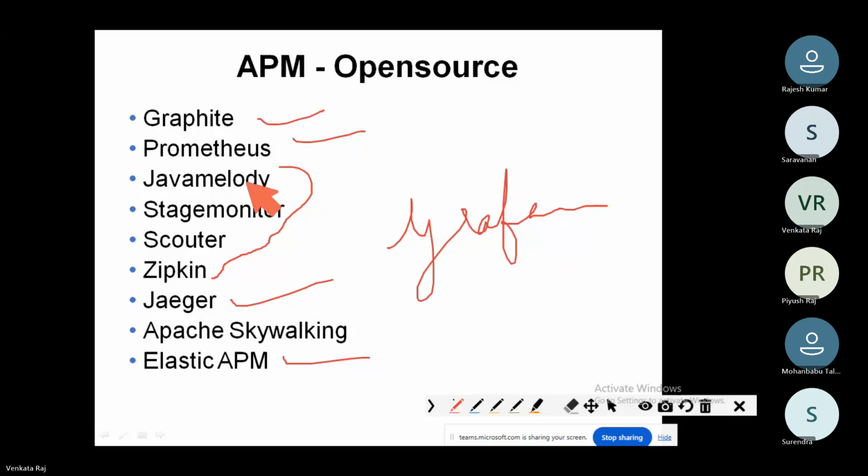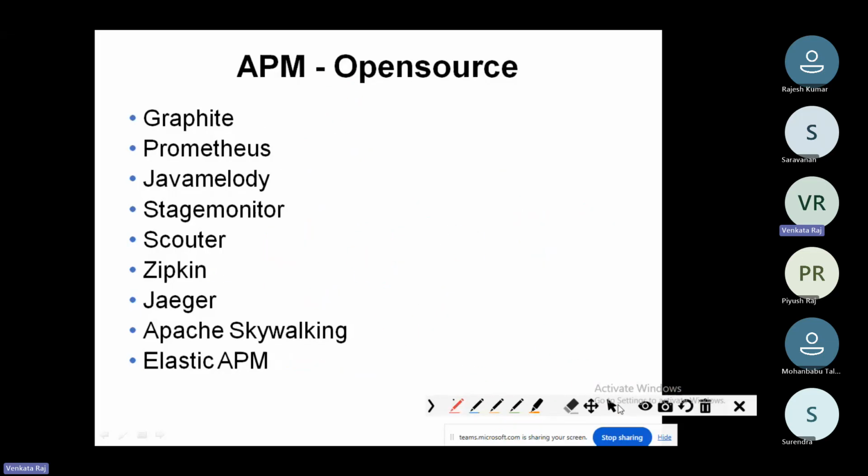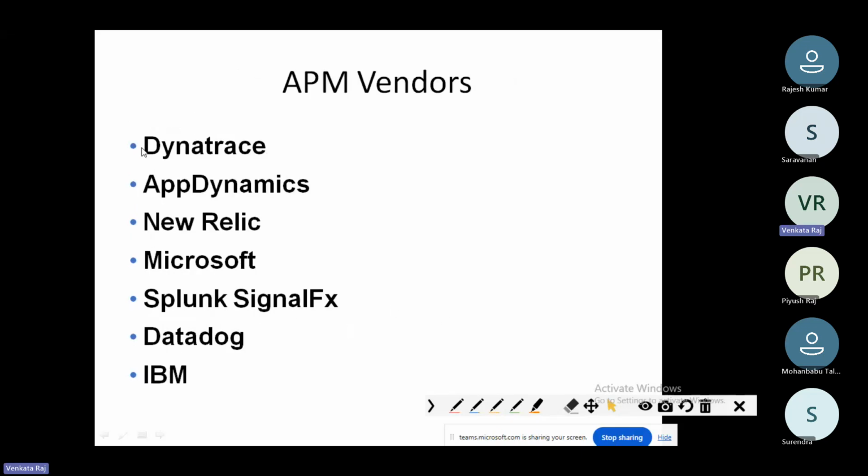Grafana Labs. But again, these all need data from your applications, and based on that only you can give the database and the queries, you give the dashboards, right? These all are open source APM, and these ones are the commercial ones.